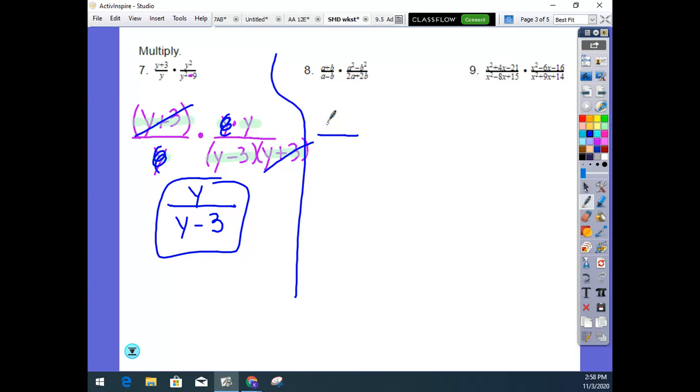So I cannot factor a plus b anymore or a minus b anymore. No GCF, so 2 parentheses. A squared, a and a, b squared, b and b, plus, minus. GCF.